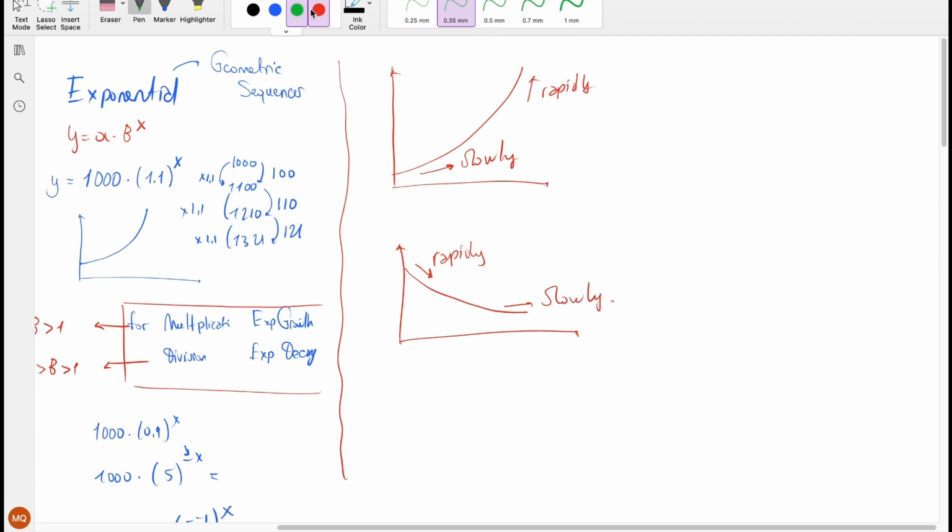Now let's give an example. For example, the most popular example for exponential growth is the increasing of bacteria. You can see this type of question. Bacteria doubles every hour, for example.